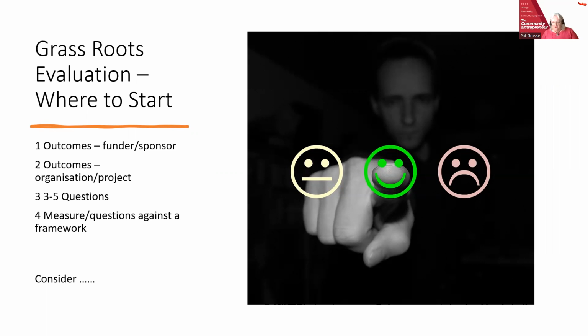So always look to what those outcomes are that the funder wants, because that's what you're going to have to report back about. At the same time, you might have your own outcomes that you want to also measure. Although your outcomes may align to your sponsor, you may have some additional quirks of your own that you want to measure.